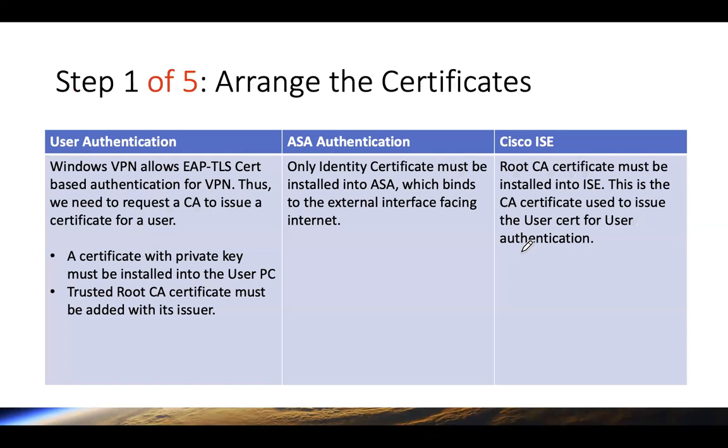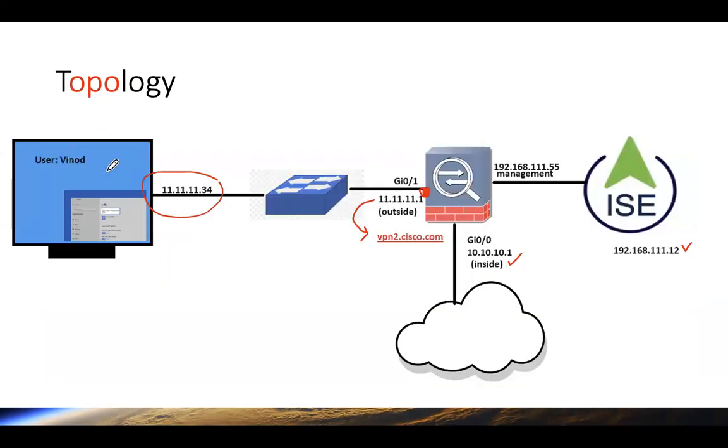Well, step number 1, there is a certificate requirement, guys, and that's absolutely important. So if you refer back to my topology, this user Vinod must be installed with a private root CA that identifies user Vinod. So the user Vinod must be installed with a CA certificate which is assigned to user Vinod.